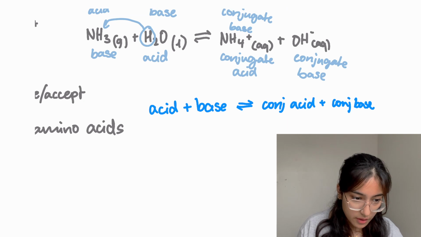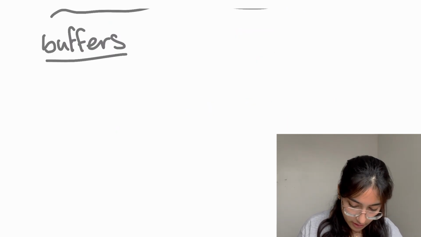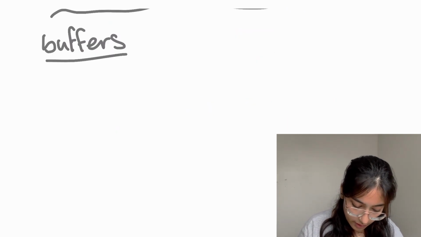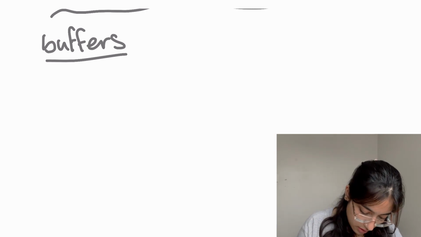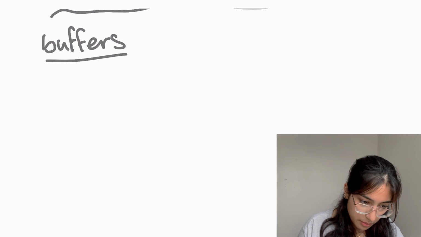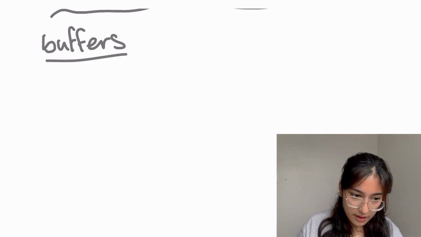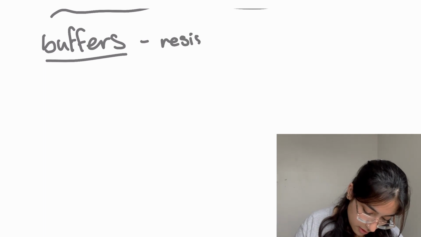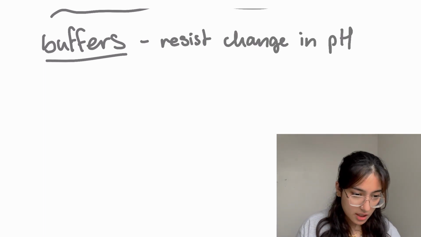All right, so then what this conjugate stuff is actually important for is to understand something called buffers, which you may have heard of before, but buffers are basically solutions that resist change in pH. That's the main definition, that's the main thing you need to know. Resist change in pH, okay?